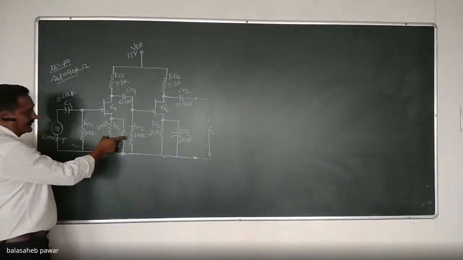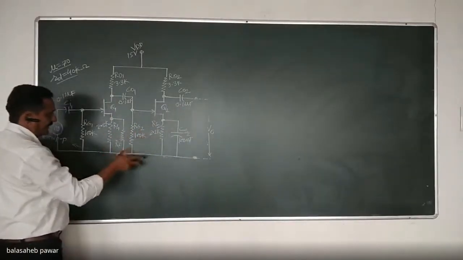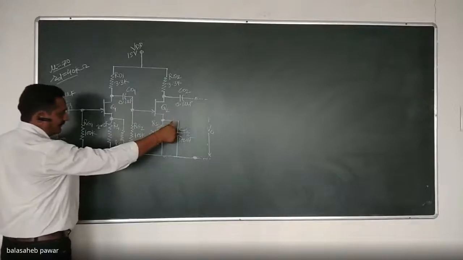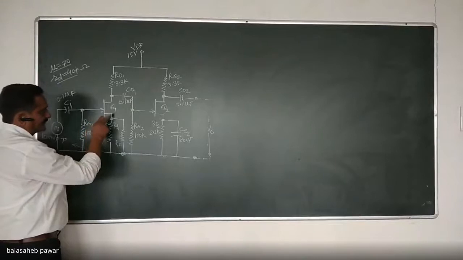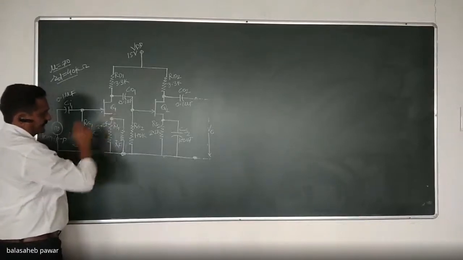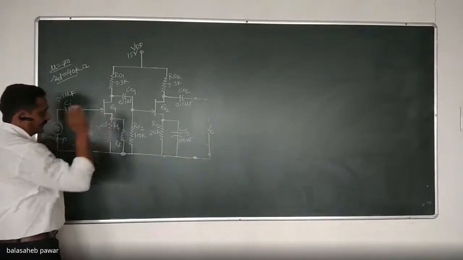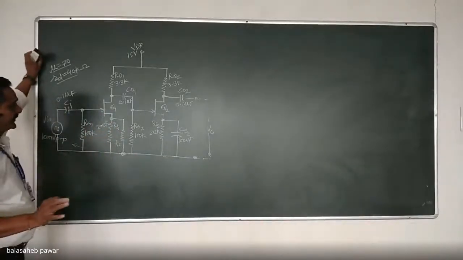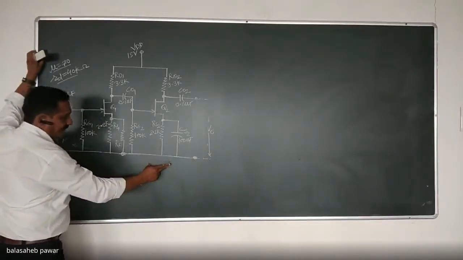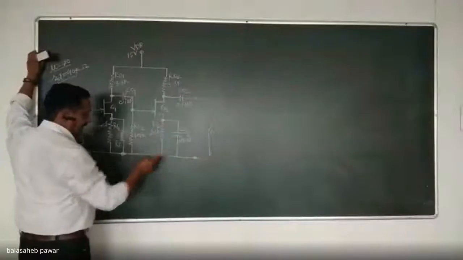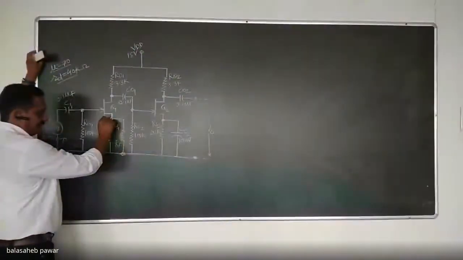Okay. Now to draw the output circuit, that means to check the effect of that RF on the output, what do we have to consider? We have to consider input equals to 0. Input 0 means you have to open it like this. But you have to consider that original circuit. Originally, that feedback resistor was over here. One terminal is connected to the output, and another terminal of that RF is connected to the source of the first transistor.